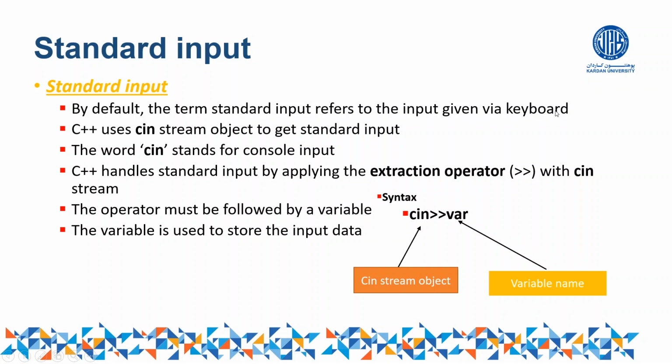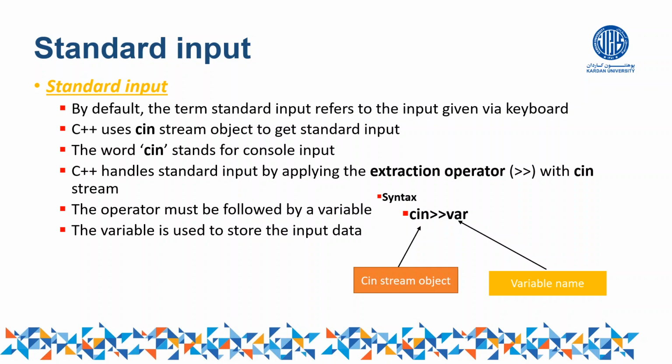It means that we store value in a variable through the keyboard. Normally, during runtime, while the program executes, it is going to ask us for some values that we have to put into variables.